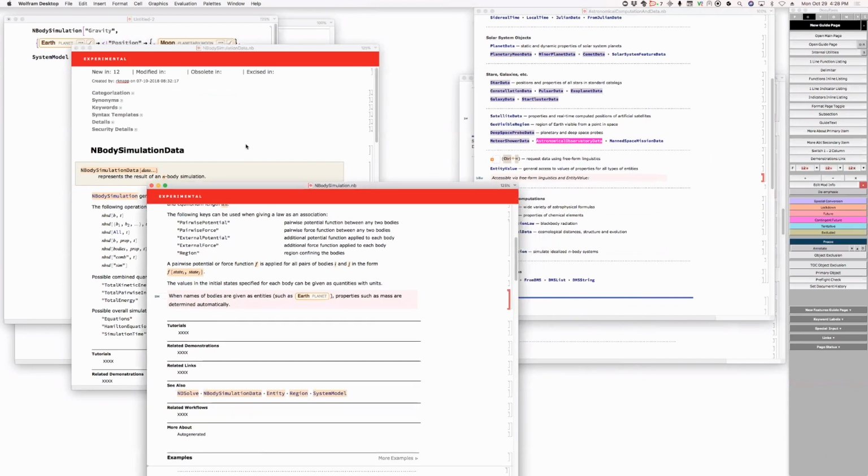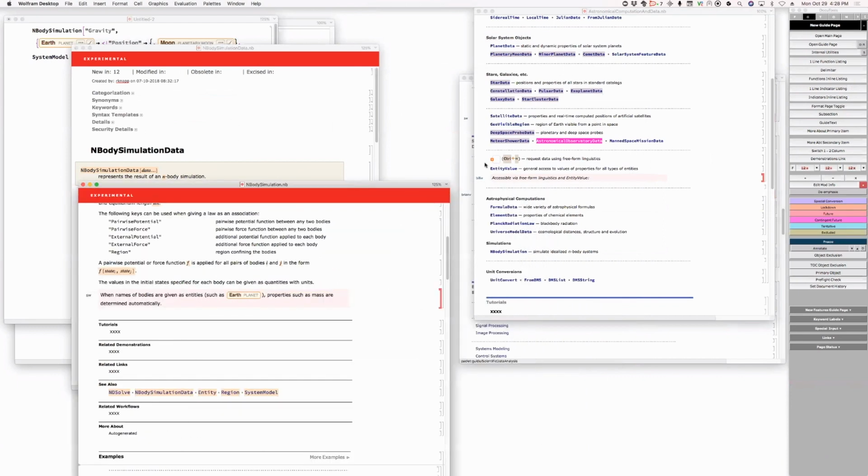Now that's that place. Let's look at physics. Well, that's interesting. I wonder whether we should include that here. Formulas and models.